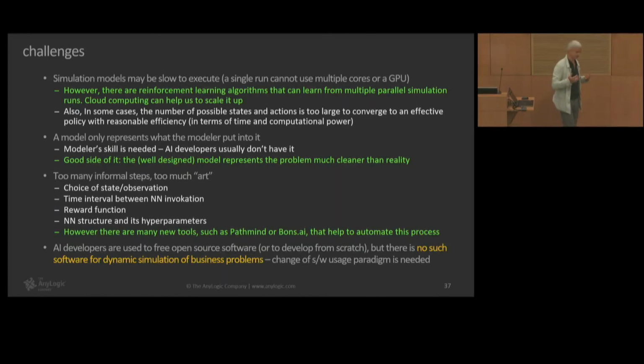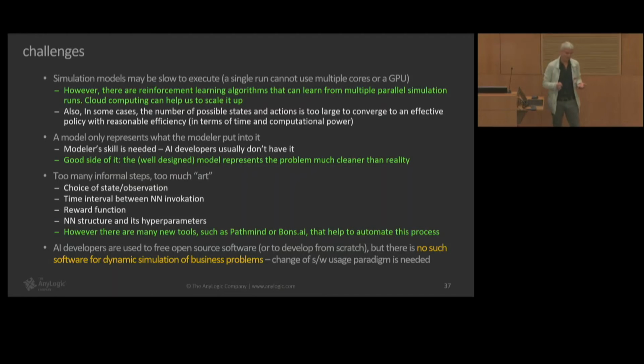Finally, it's about habit. AI developers are very used to open source software, or they're used to writing everything from scratch. Oh, I'll write a learning environment in Python from scratch. That is probably okay if your neural network is learning to play chess, because I can recreate the chess rules in probably one day, or less.